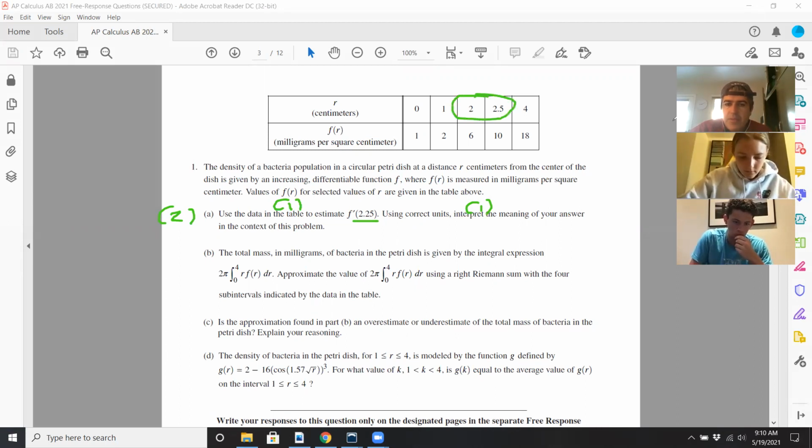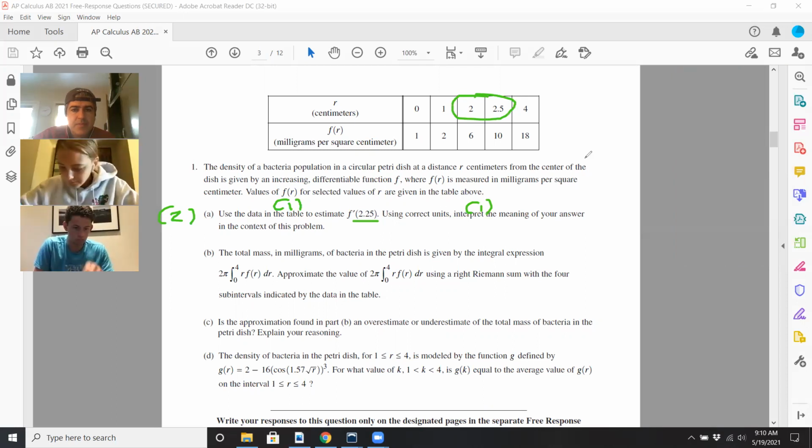So if you think about this graphically, what's going on here? When R is 2, F of R is 6, right? When R is 2.5, I'll put 2.5, kind of space it a little further away. The output is 10, of course, right?